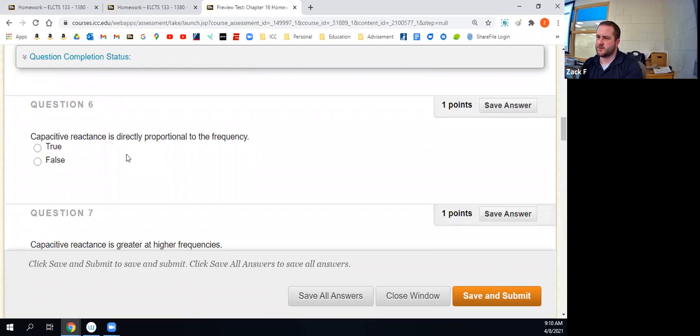True or false? Capacitance is directly proportional to the frequency. Yeah. Let me ask you this. What's the formula for finding capacitive reactance?